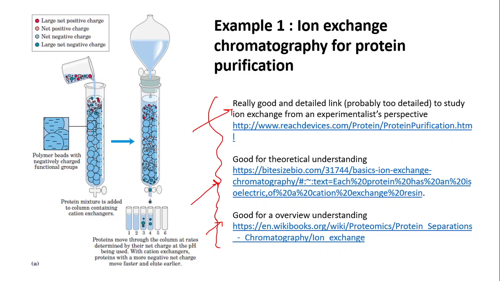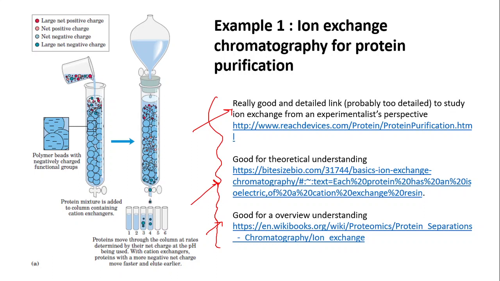Before we go into detail, in this column we have polymer beads with negatively charged functional groups. In this you are adding proteins that have different types of charge. You can see blue has net negative charge, dark blue has large net negative charge, light red has net positive charge, and dark red has large net positive charge.